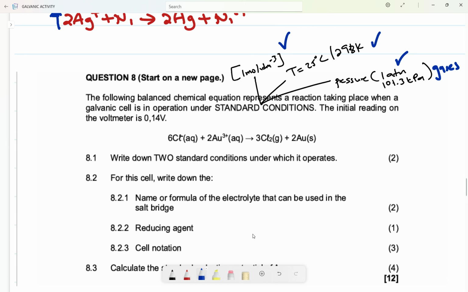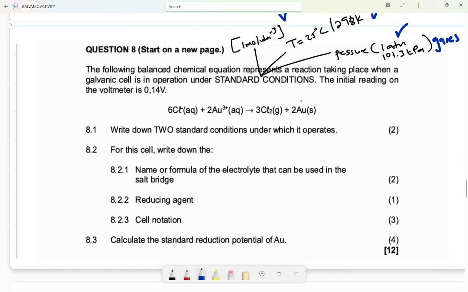And then we are given the E naught of the cell to be 0.14. So we have now 6Cl minus to Au 3 plus Cl2 and so on. So now let's analyze this one. Cl minus goes to Cl2, it is just a pure element, so it is 0.